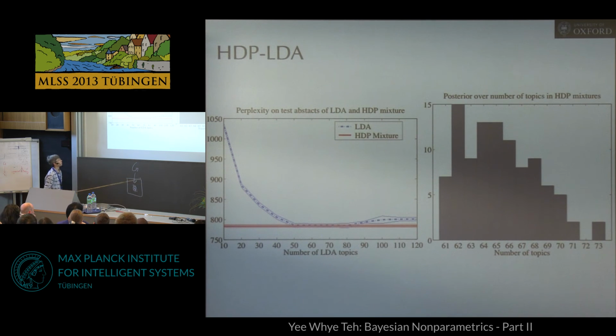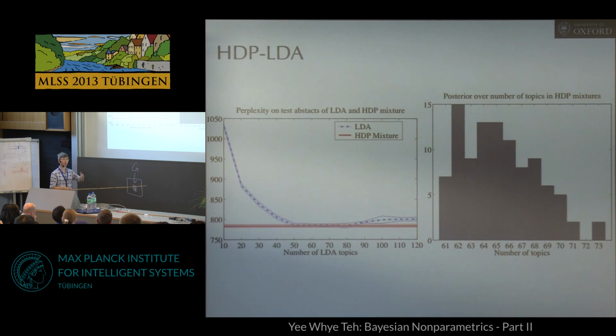And that's fine. If we believe that there are a finite number of topics, then there should be between 50 and 80 topics in our document collection. If we do the same thing for the HDP, then we get a test performance which is basically as good as the LDA. But to get this single number, we don't need to do model selection.